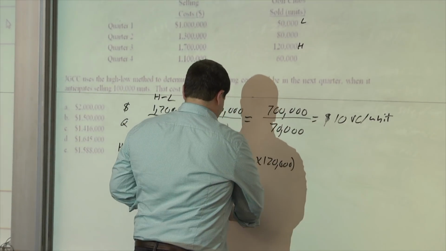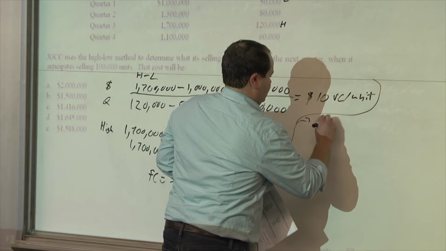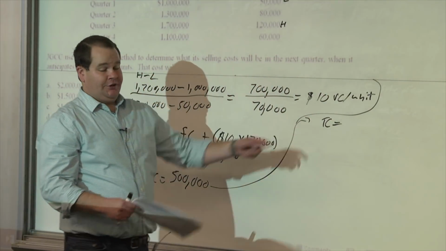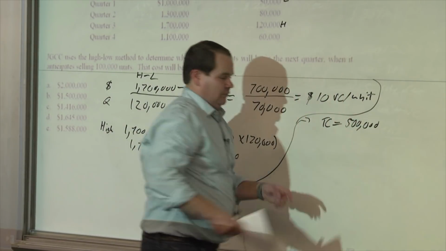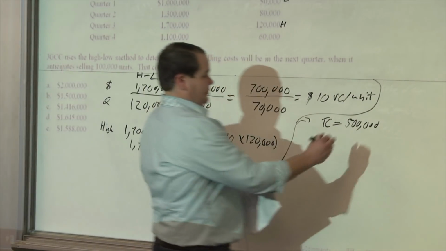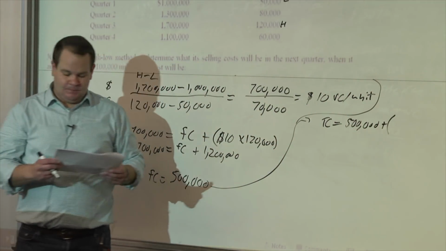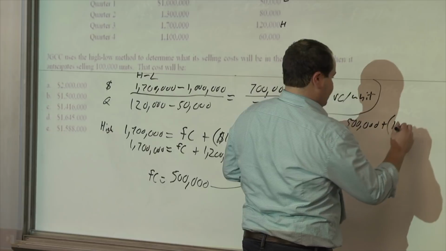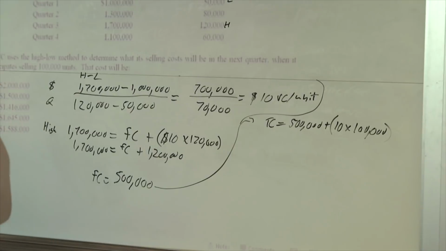So we'll come over here. We're going to be projecting for the quarter when we sell 100,000. What is the total cost going to be? Well, it'll be 500,000, which is the fixed cost we just solved for. That's going to be there no matter how many we sell, plus our $10 in variable cost per unit times the 100,000 units that we plan on selling.